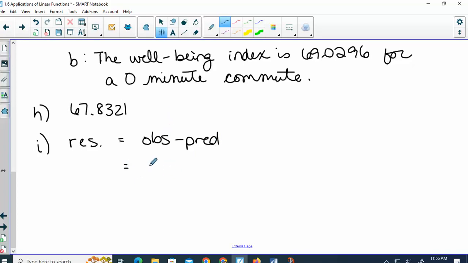When we had a 25-minute commute time, the well-being index was 67.5. Minus predicted, what we expected to happen, was the value we just found. And if we subtract those, we get a negative 0.3321. Okay, so that means our observed value was just about 0.3 lower than the predicted value.